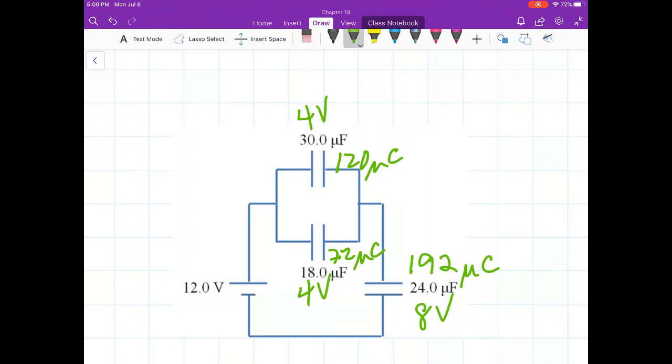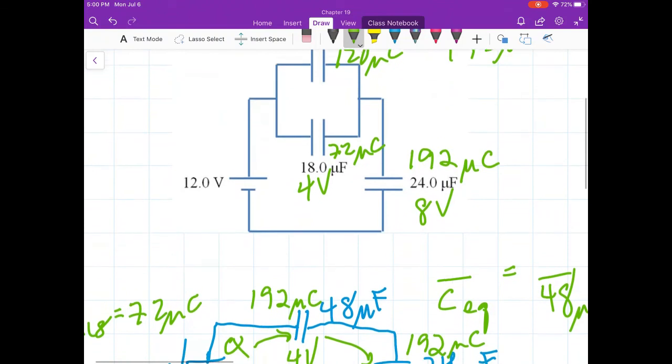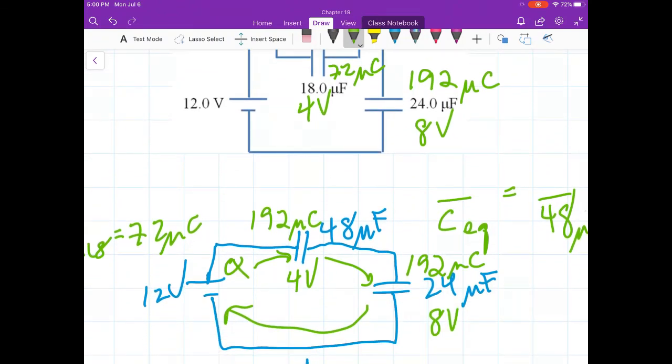Notice the two in parallel have the same voltage. If you sum up the charge, 120 and 72, you get 192 microcoulomb, which is what the charge was when I said that those two were equivalent to a single capacitor.